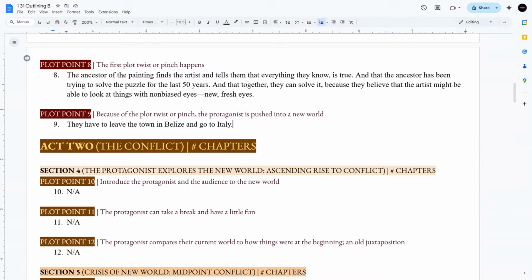Anyway, but this is Belize. Leave the town in Belize and go to, let's see, nearby towns. Closest match would be. Oh, let's do this because we'll connect. Oh yes, let's do that.